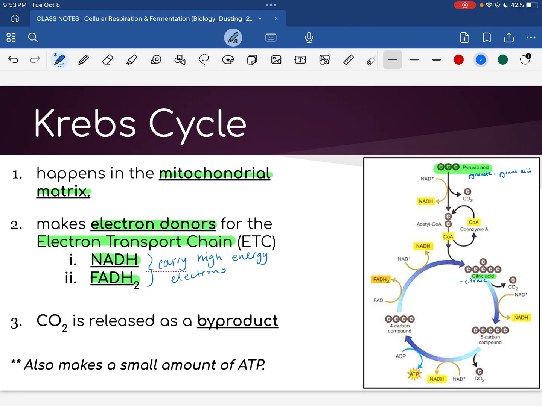These high energy electrons can be used to do work, such as powering pump proteins.